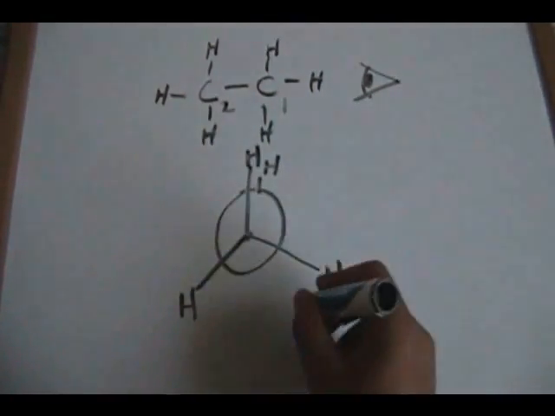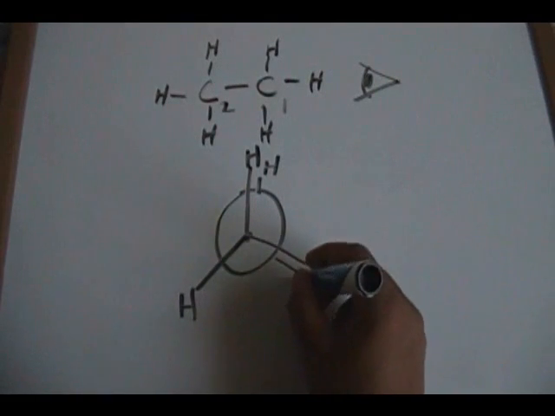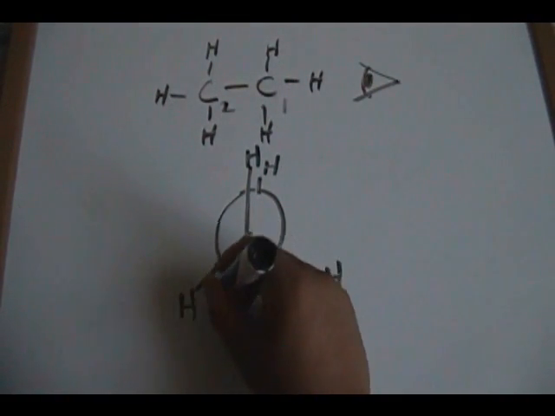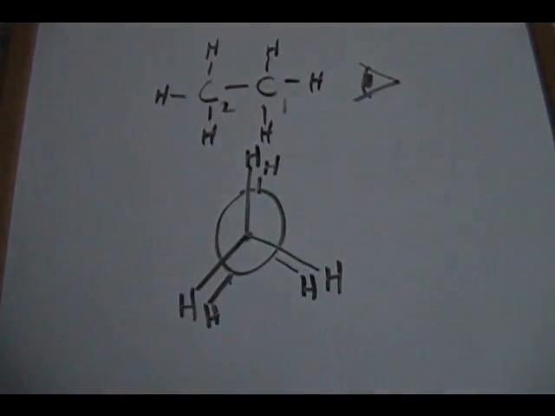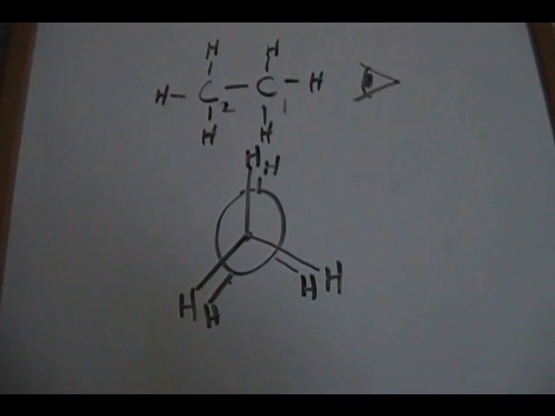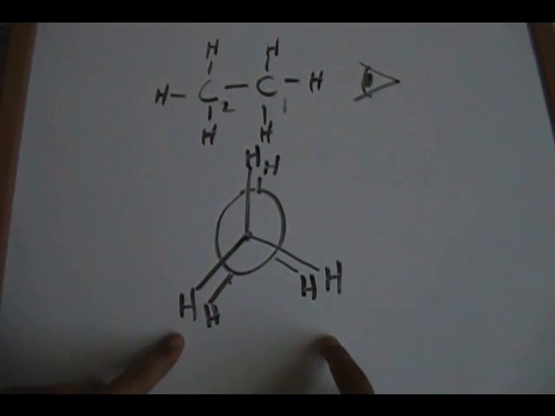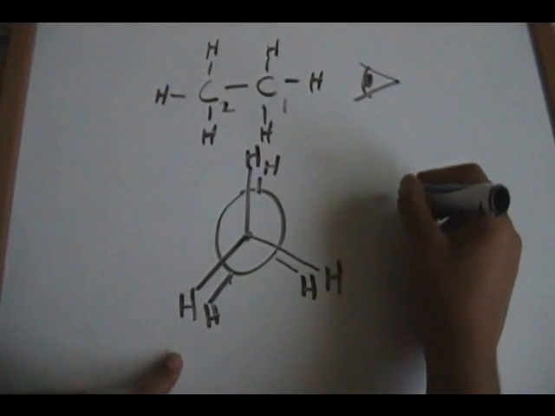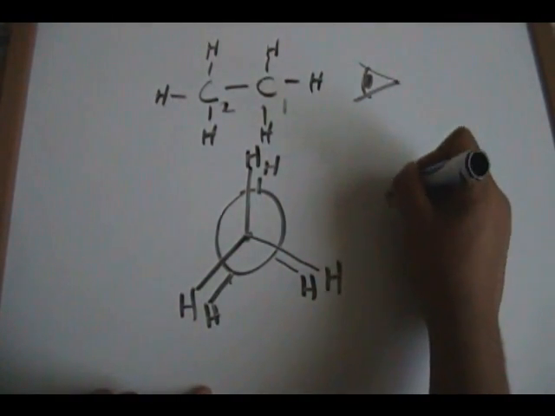There's another one there, there is another one there, and there's another one here. Okay, so we've drawn all 6 hydrogen atoms, and basically this is what a Newman projection is. This specific projection I've drawn here is called the eclipsed conformation for ethane. Okay, this is eclipsed.